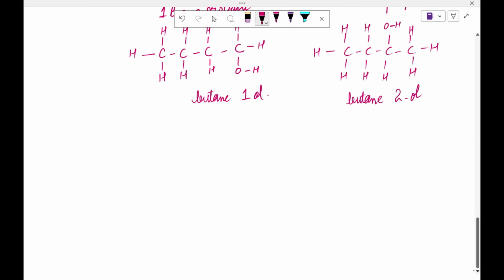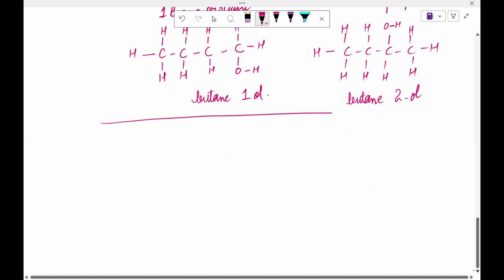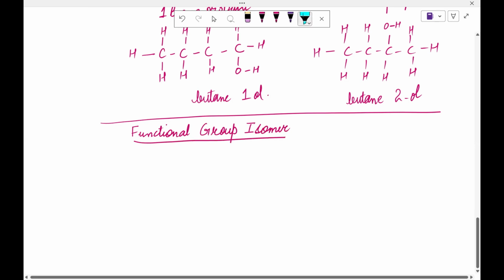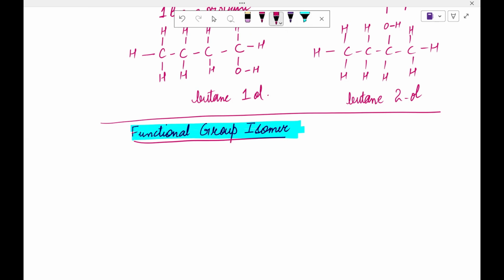And now we are moving towards another type, which is functional group isomer. This is basically the third type of structural isomer. So let's see. In this functional isomer, what happens?